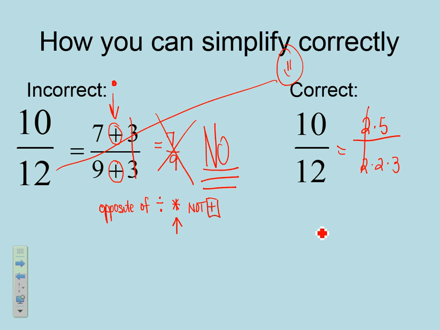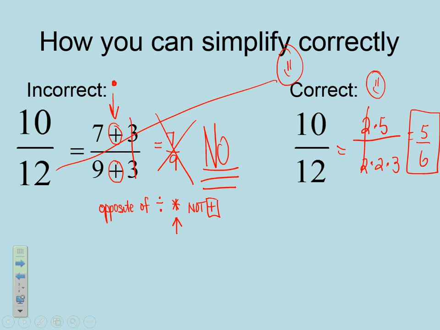Yep, they cancel. So I have factors here because my things are being multiplied. Now I can cancel them, and it's correct to say that 10/12 is really 5/6.